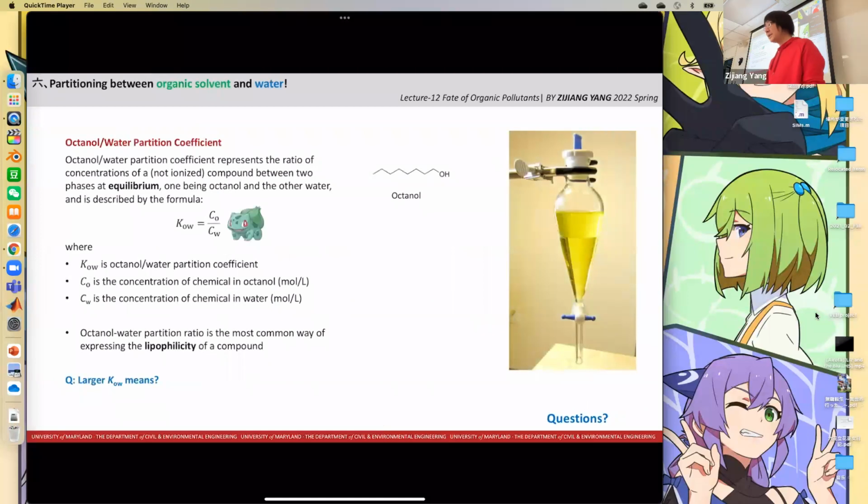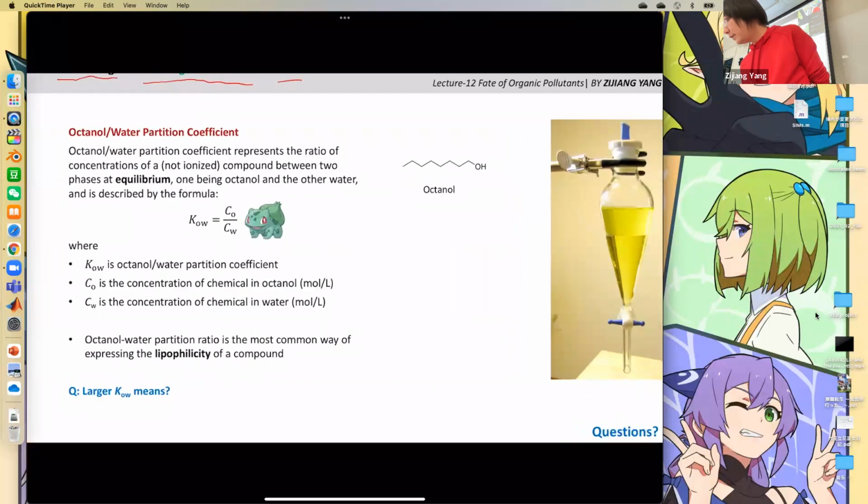The last one is the octanol-water partitioning coefficient. This is a parameter describing partitioning between organic solvents and water. The octanol-water partitioning coefficient represents the ratio of the concentration of a compound between two phases at equilibrium.